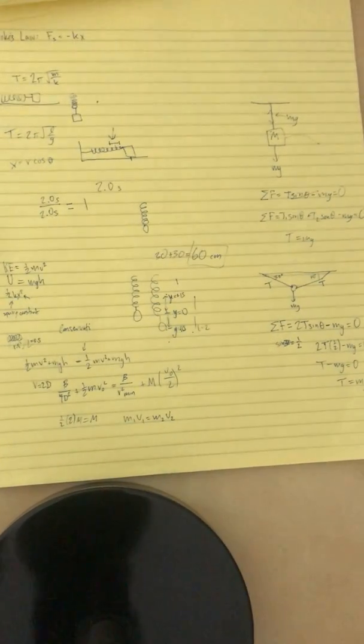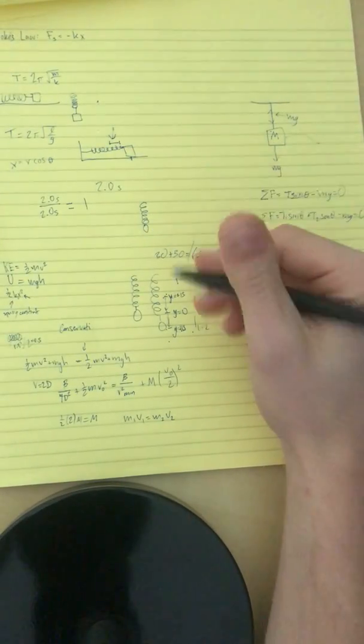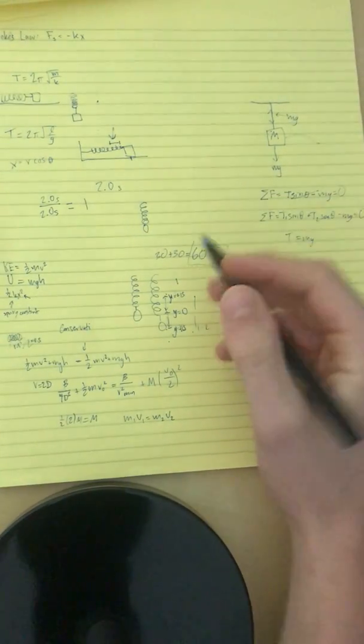So for this video, we're going to go over some more simple harmonic motion concepts and then finish with example problem number 35. First I want to talk about just what amplitude is. We talked about it in the last video a little bit.